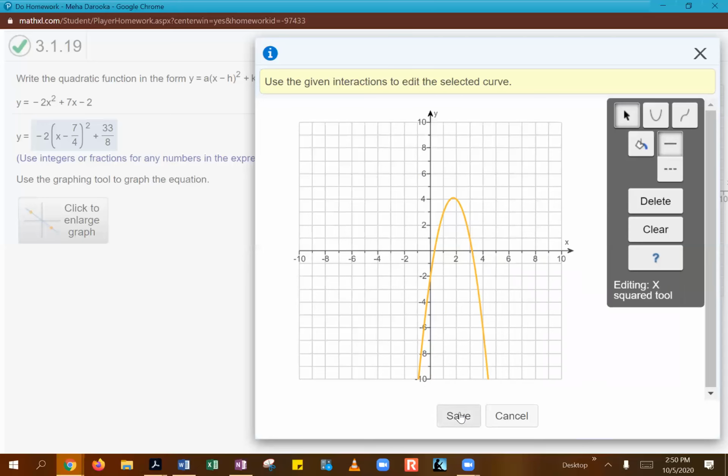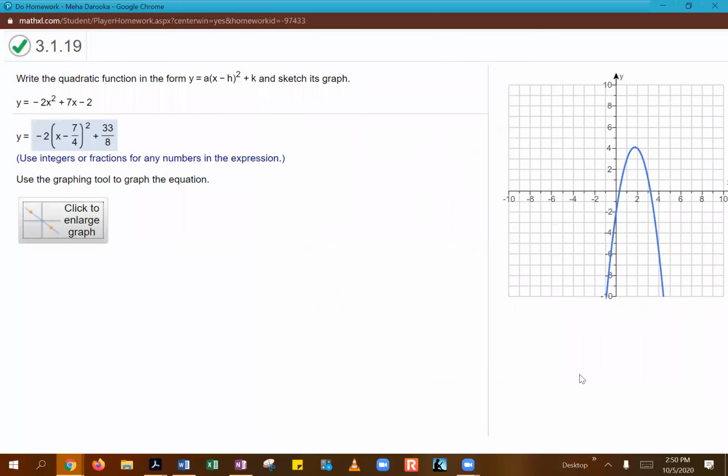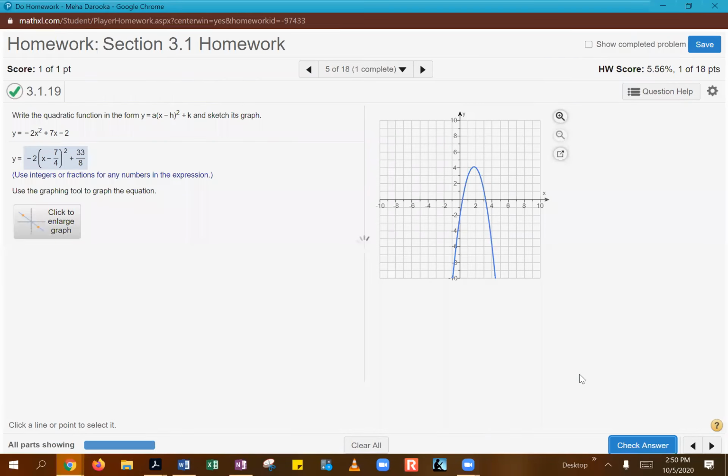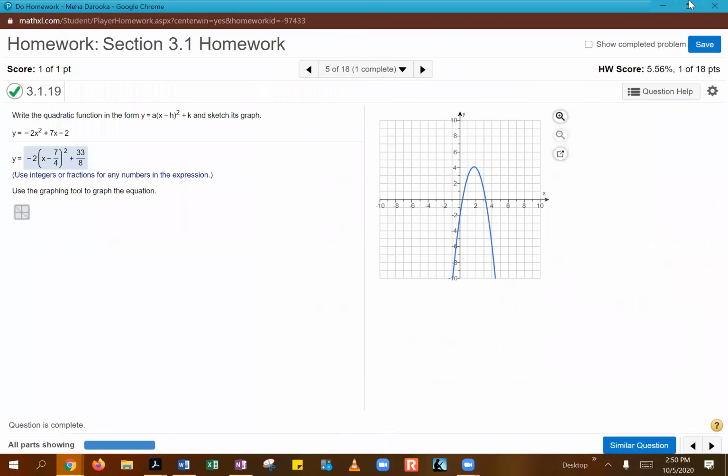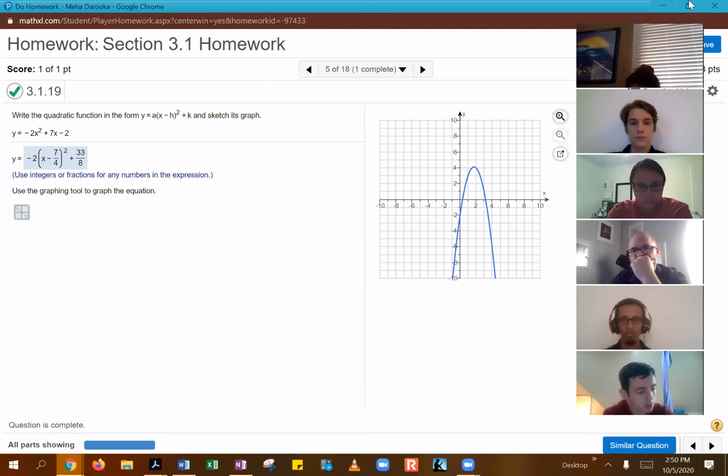So just verify your numbers are correct. We'll save our graph and then do a check. And there we go. So just to show you how this example can give you a different equation every time you click on it. Did anybody have questions on this before we move on? No?